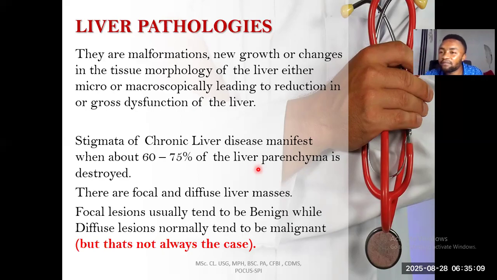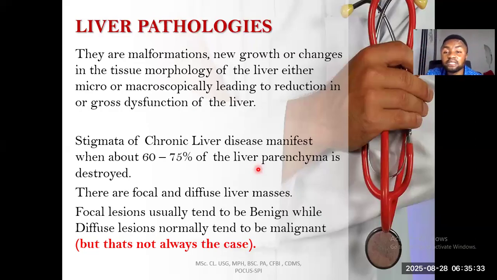Reduction in the function of the liver. Or gross dysfunction, meaning the liver has lost about 70% of its function. Anything that forms abnormally in the liver is a malformation.